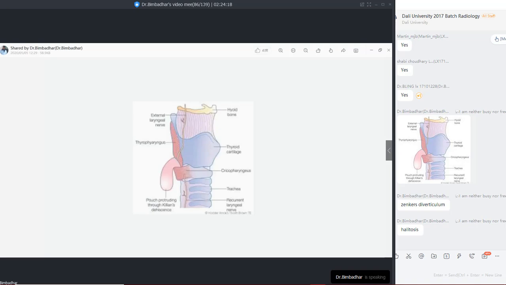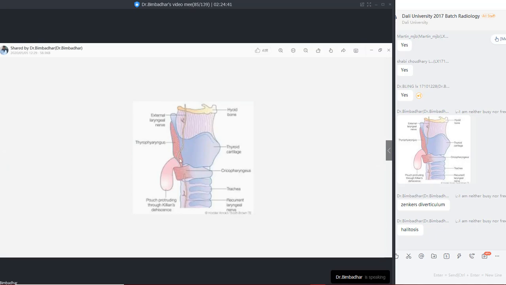So now the whole problem is present down here itself. There is a weak part between the thyropharyngeus muscle and the cricopharyngeus muscle, and an outpouching is formed through the weakest area, which is called the Killian's dehiscence. This is called a Zenker's diverticulum.